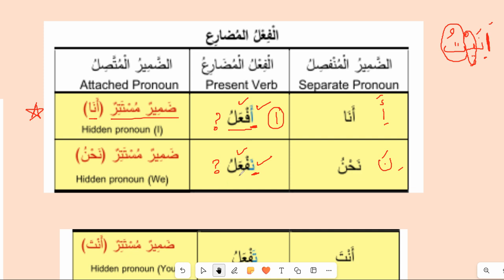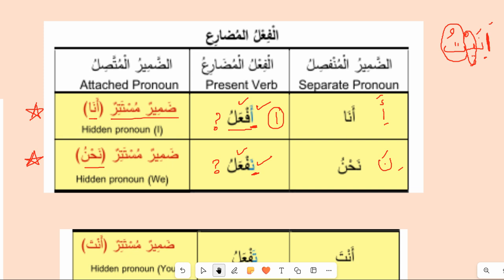We don't find any damir, so know that the damir is hidden inside this fail, called damir mustatir, taqdiruhu nahnu. So our second hidden pronoun is from nahnu. Remember that in the mutakallim we have two hidden pronouns.